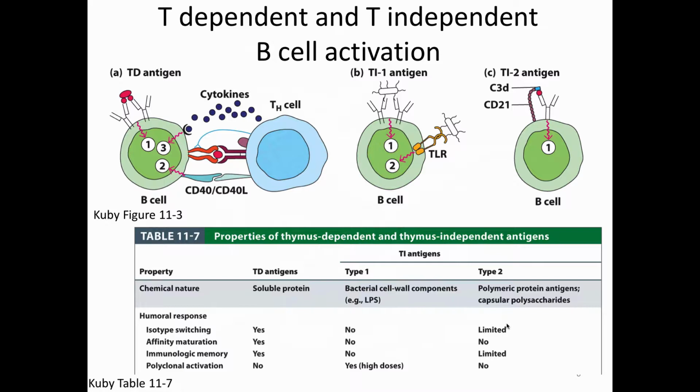In this case, the signal 2 is a little bit different than the signal 2 that we see in the T-independent cases. The signal 2 in this case is a protein on the B cell known as CD40, which binds to a protein on the T cell known as CD40 ligand.